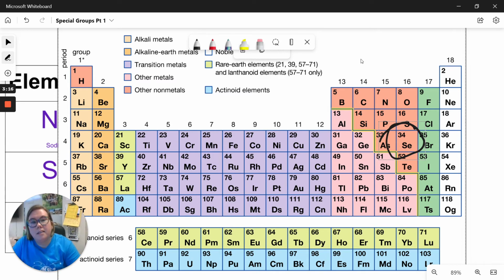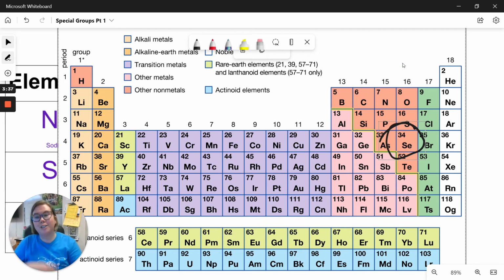Sometimes you'll see 13, 14, 15, 16, 17, 18. We just get rid of the 10, right? The squatty part conveniently has 10 columns. So it'd be group 1, group 2, group 3, not 13. We just get rid of the 10. So this would be group 16 or 6.